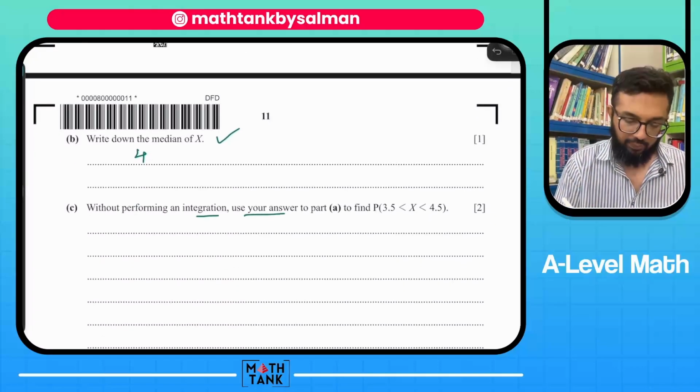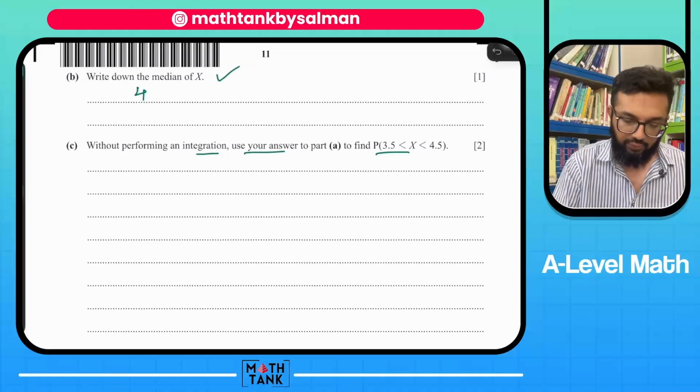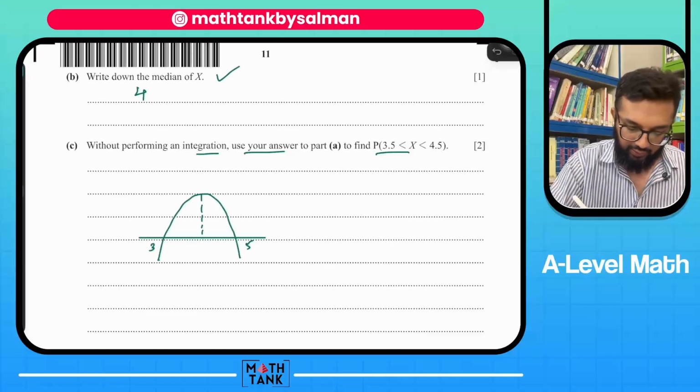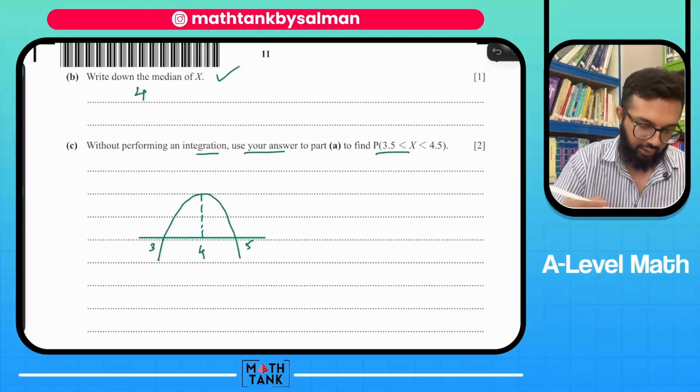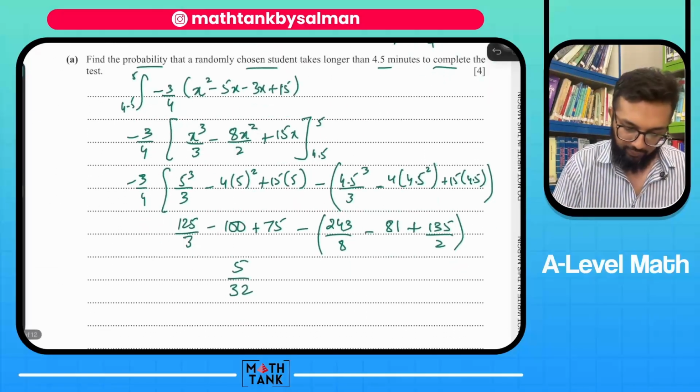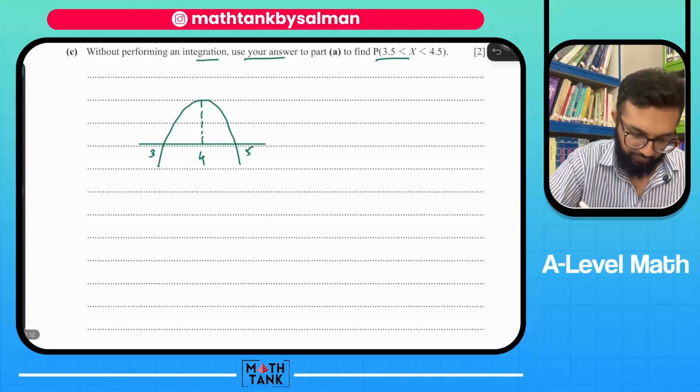Okay, it says without performing an integration, use your answer to part A to find this. Again, I'm going to draw this curve for you and say that this is 3, this is 5, and the central value is 4. Now, what have I found out right now? A probability from 4.5 to 5, which is 5 over 32. So this blue area is 5 over 32.